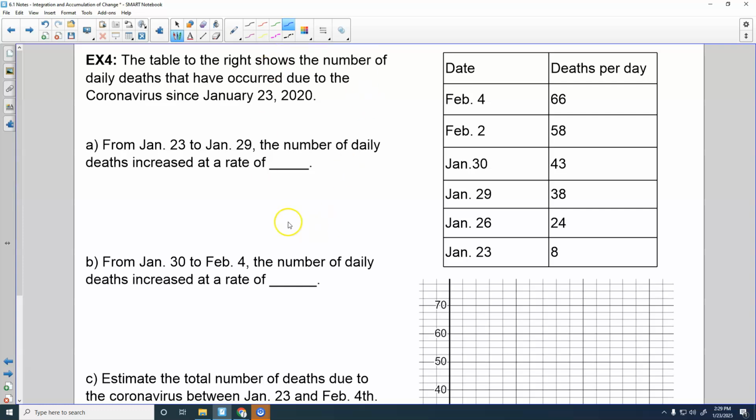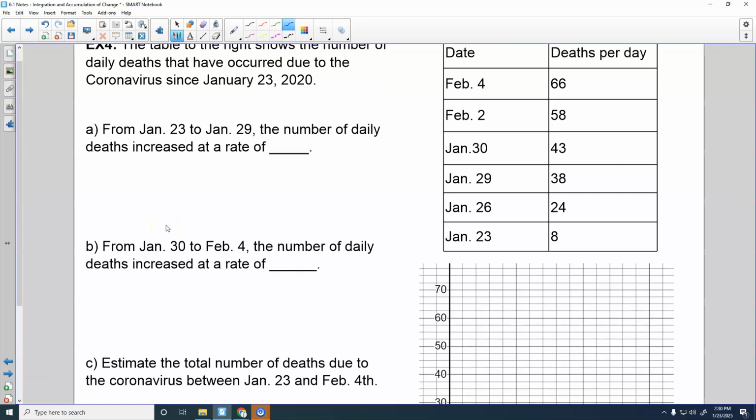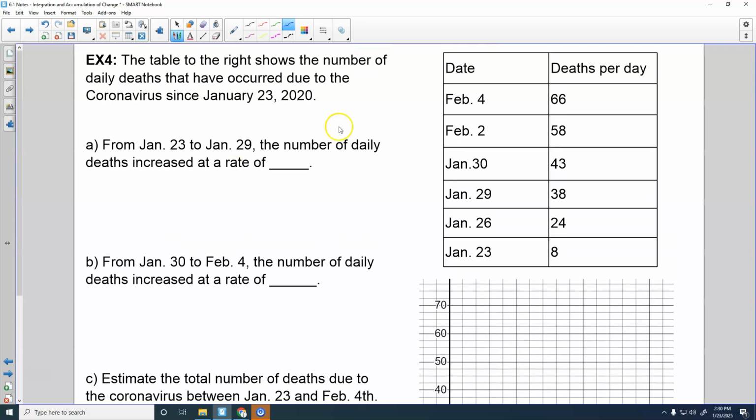I don't know if I meant to ask that question that way. We don't want the slope right here because the answer to this is deaths per day, right?